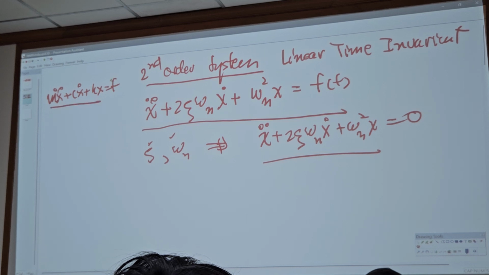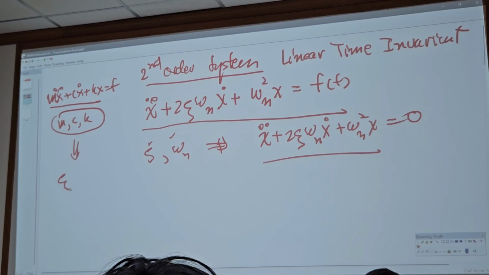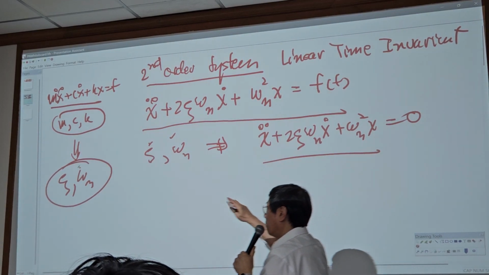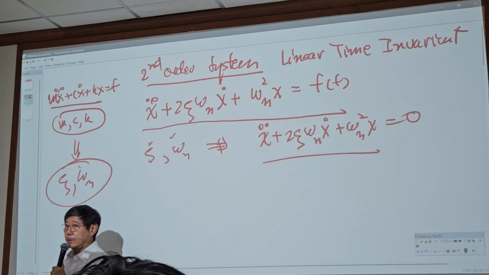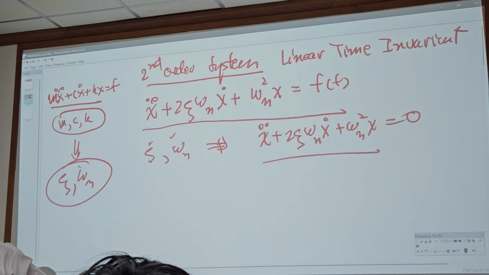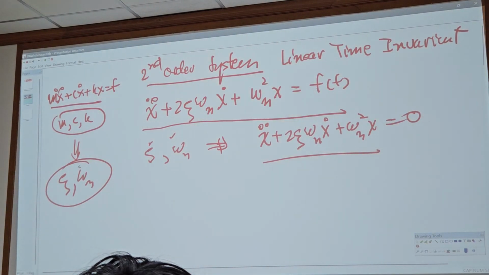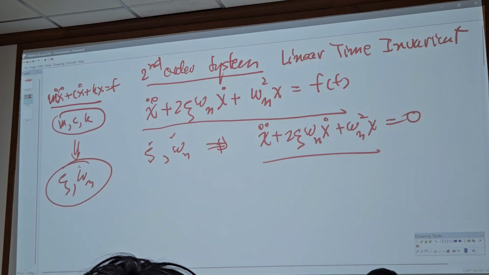It's quite difficult to tell something about the response based on m, c, k only, right? But if you convert this m, c, k into psi and omega n, you can predict right away by watching these two parameters. That's the general form of the linear time invariant system for second order system.